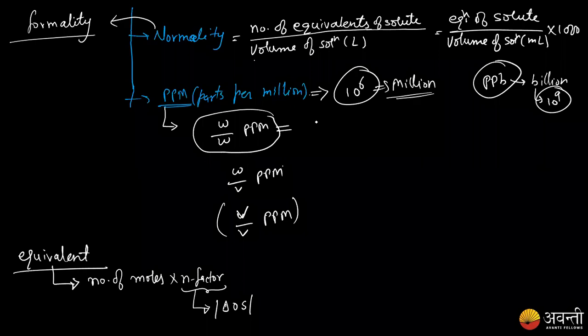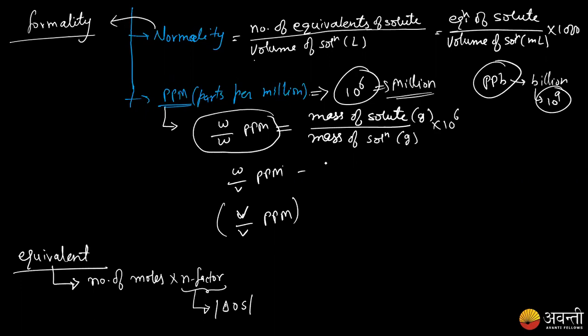What is the mass of solute which is present in 1 million grams of solution? So parts per million means mass of solute in gram divided by mass of solution in gram into 10 to the power 6.